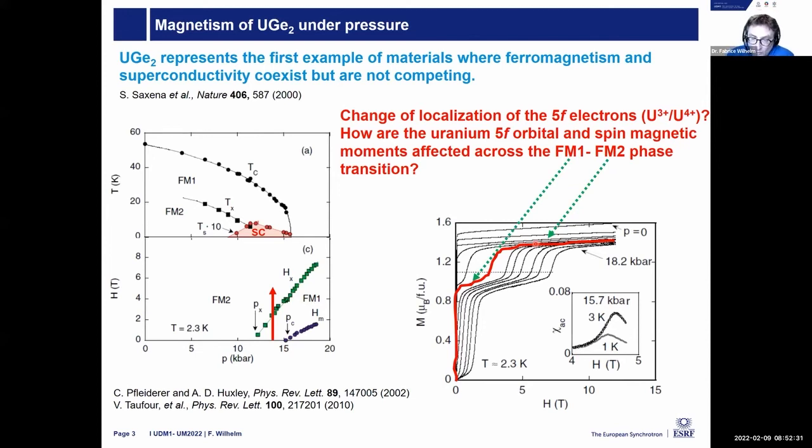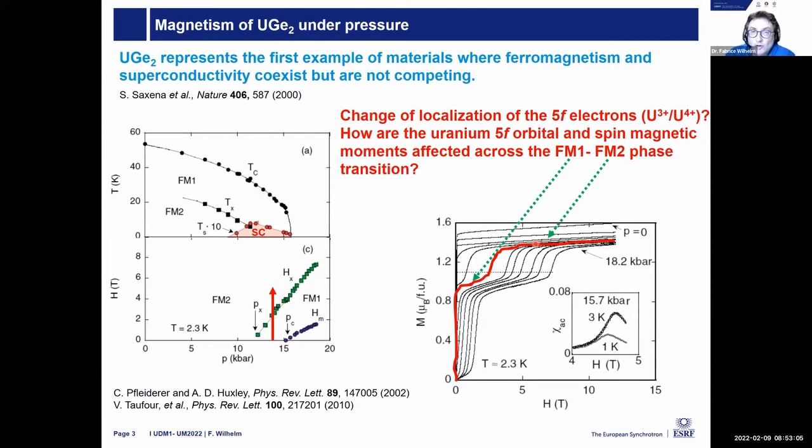Now, why are these systems so interesting? It has been shown by previous experimental and theoretical work that the changes across this ferromagnetic phase 1 and 2 are due to the change of the localization of the 5f electrons. As you have heard from the previous speaker, as a function of the pressure, you can indeed change the electron count. And here it has been highlighted that the change of the 5f electrons may be at the origin of the observed changes across these ferromagnetic phases.